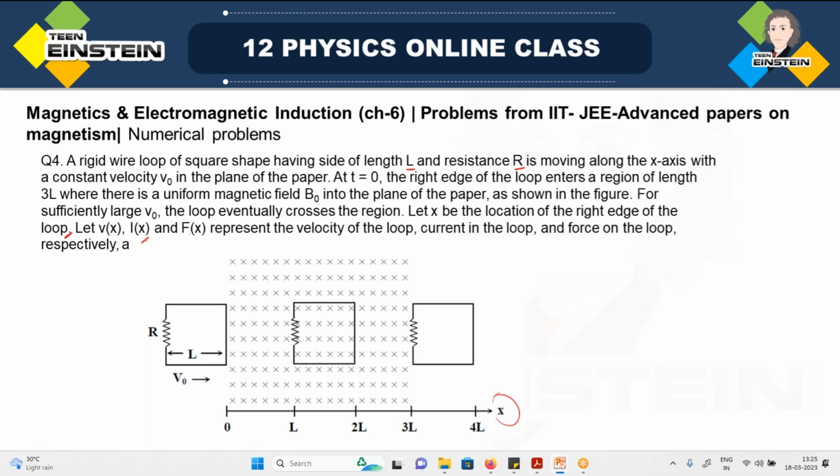Here you need to find out the direction of the induced current and the direction of the magnetic force on the loop, and then one can easily answer the question. So what you have to find out is the direction of the induced current and the direction of the force on the loop.